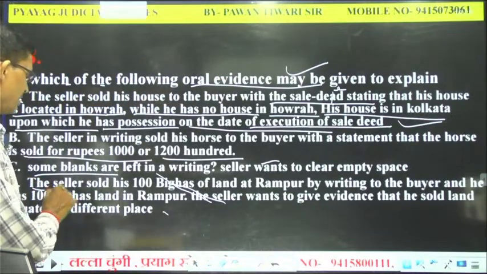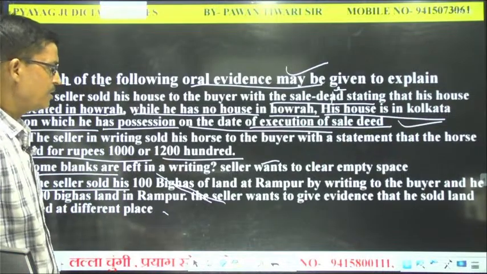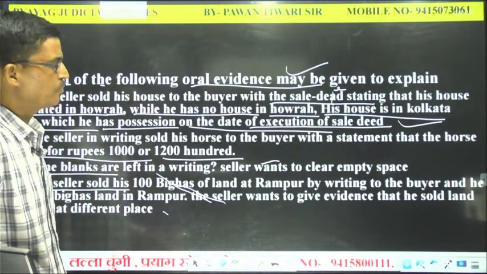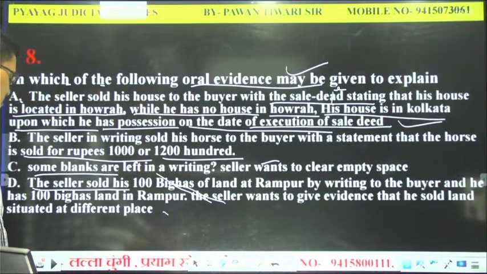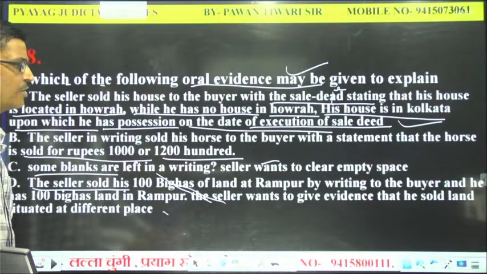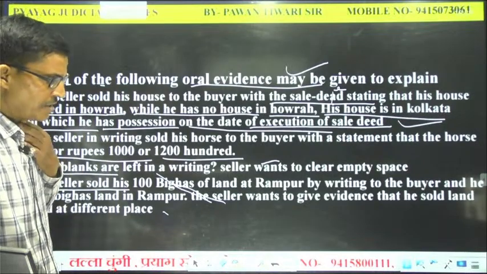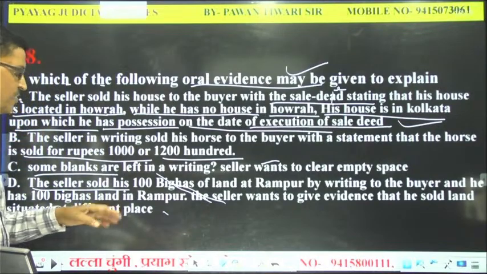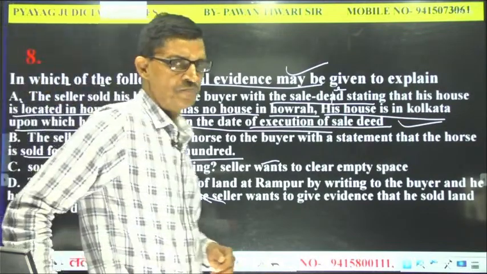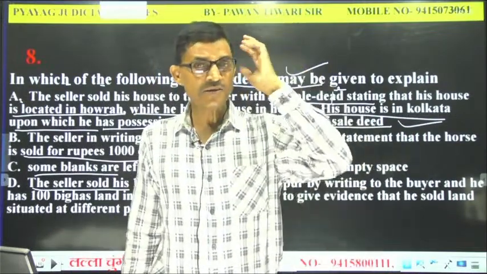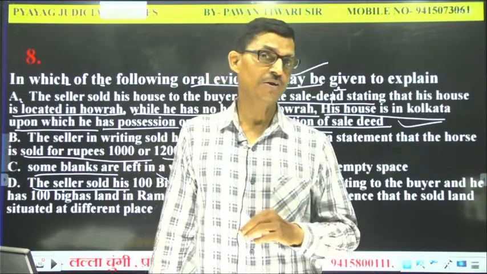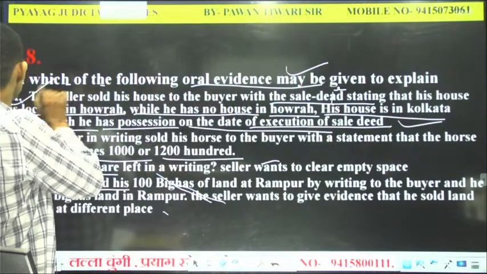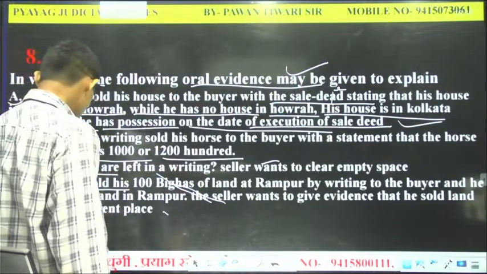No. The seller sold his 100 bighas of land at Rampur by writing to the buyer, and he has 100 bighas of land in Rampur. The seller wants to give evidence that he sold land situated at a different place. No evidence is required, because the fact is true. When the fact is true, no evidence is required. So the correct answer of the question is A. A is the correct answer.